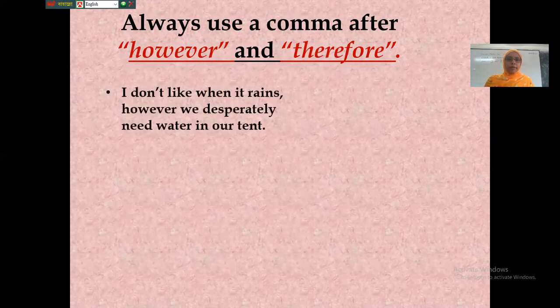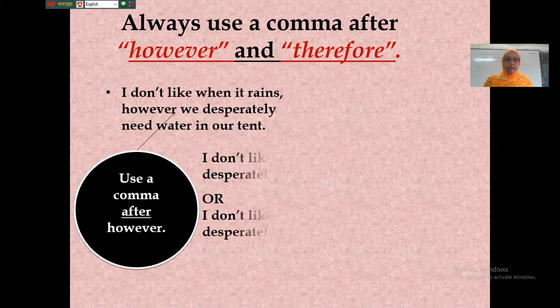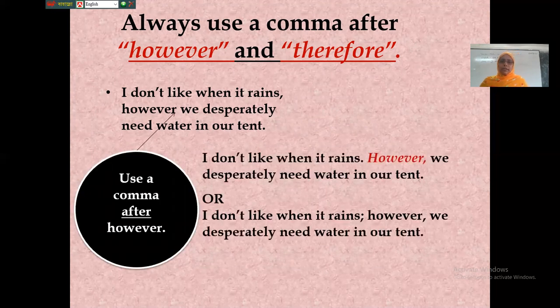Always use a comma after however and therefore. Dear students, there is some grammatical clue. If you use connectors, you must maintain this rule, however and therefore. There is a sentence: I don't like when it rains, however, we desperately need water in our tent.